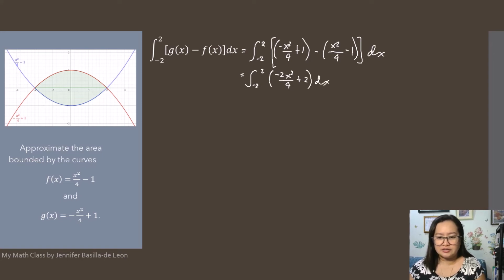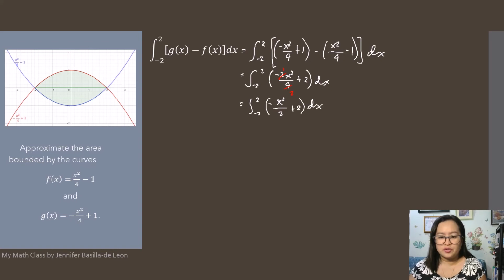We can cancel the greatest common factor, which is 2. So this would be negative 1, and then this is 2. So we will have the definite integral from negative 2 to 2 of negative x squared over 2 plus 2.